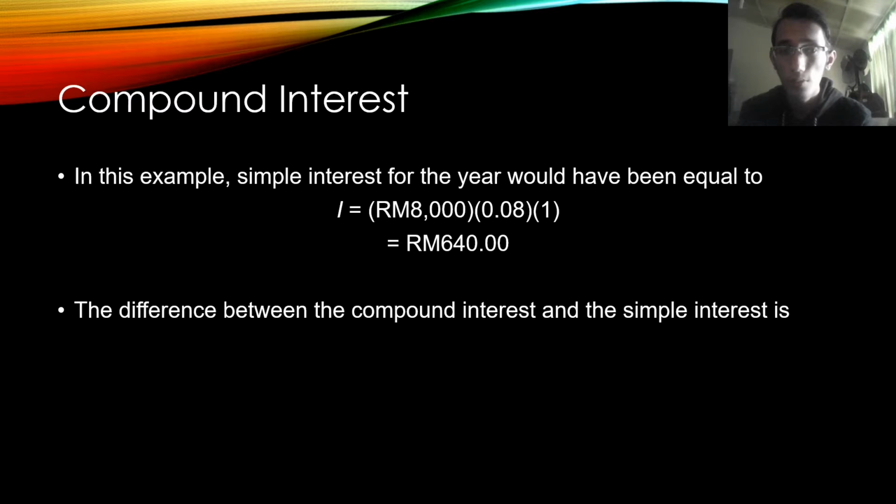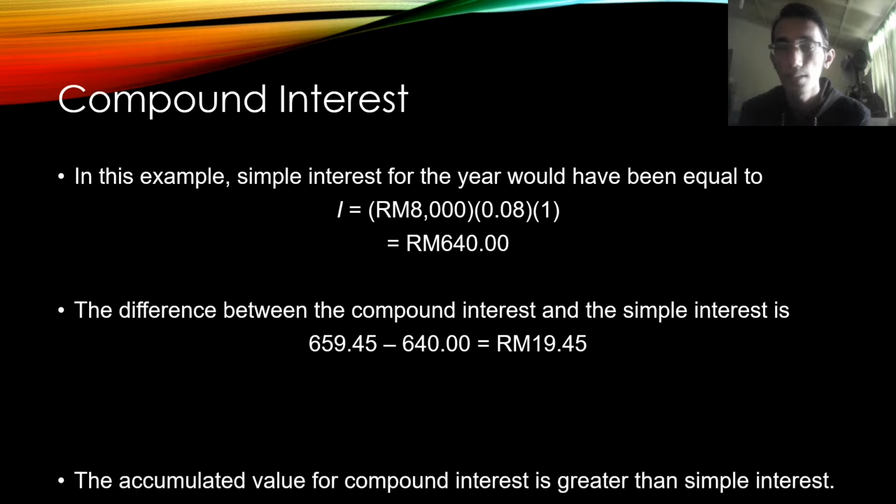So the difference between the compound interest and the simple interest is 659 ringgit 45 cents minus 640 ringgit, equal to 19 ringgit and 45 cents.